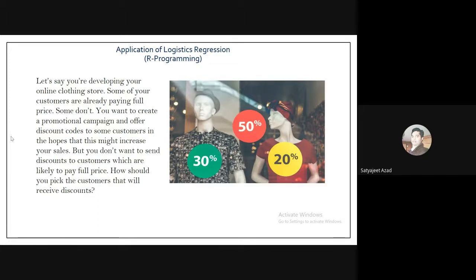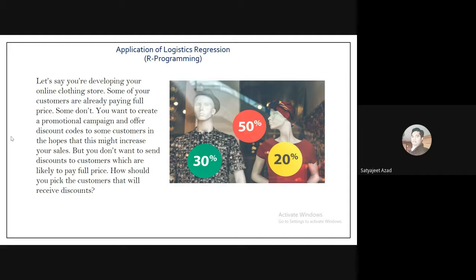Some of your customers are already paying full price, but some don't. You want to create a promotional campaign and offer discount codes to some customers, not all, in hope that they might increase your sales. But you don't want to send discounts to customers who are likely to pay full price. How should you pick the customers that will receive discounts?